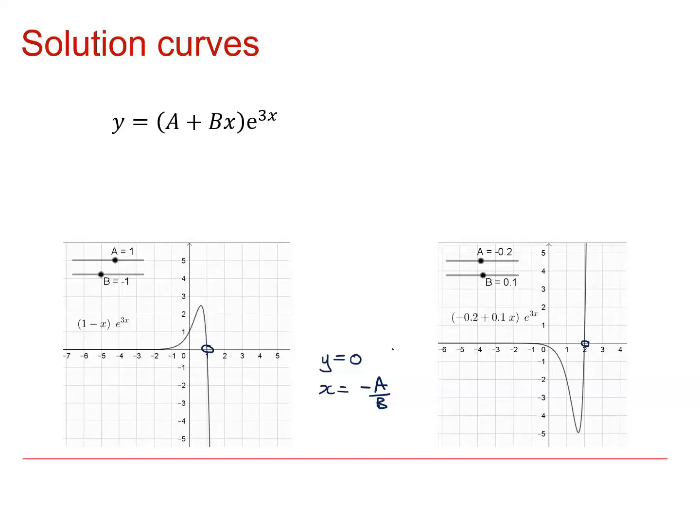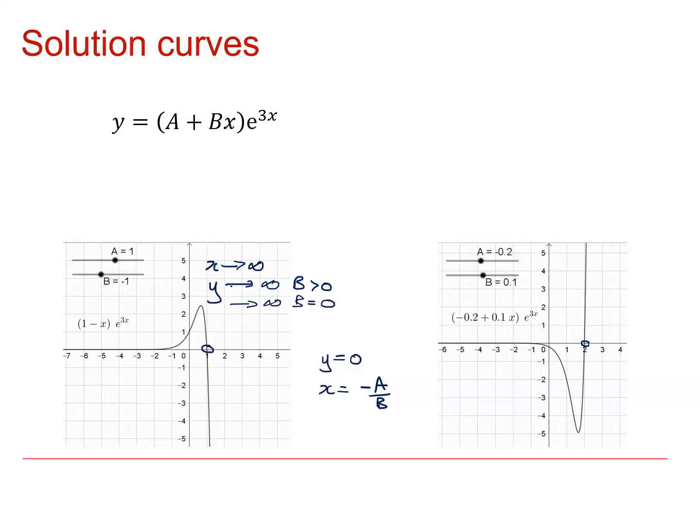Second thing to notice is what happens for large values of x. So as x tends to infinity, y, well, it depends on the value of b. It'll either tend to infinity if b is greater than 0, or it'll tend to infinity if b is equal to 0.